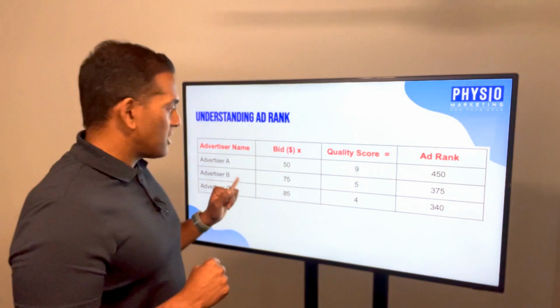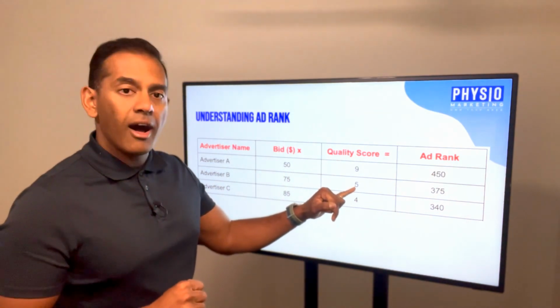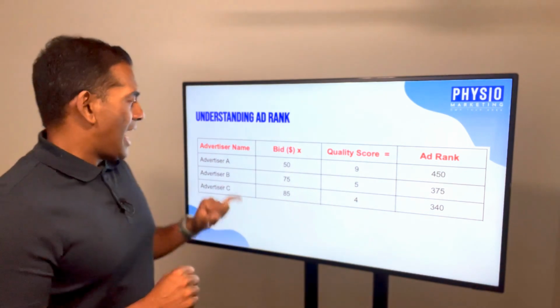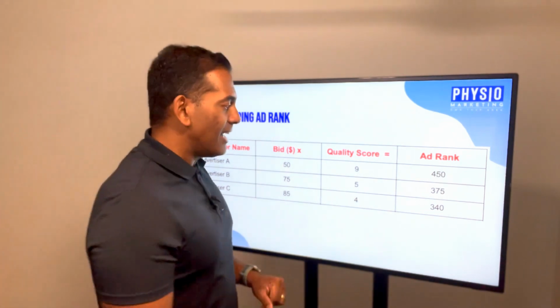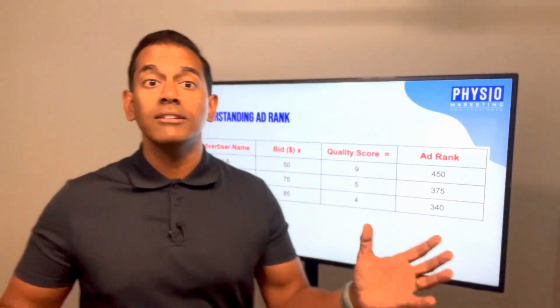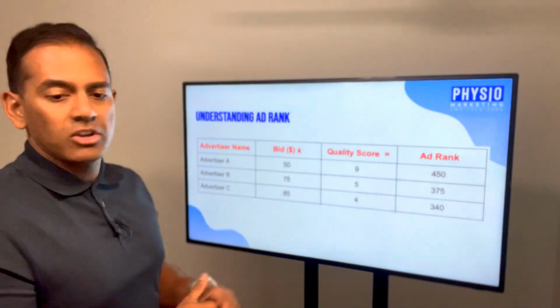But because advertiser B has a quality score of 5 and advertiser A has a quality score of 9, advertiser A, who's bidding less because of their high quality score, has a better ad rank, which means advertiser A will show up before advertiser B and they spend much, much less.